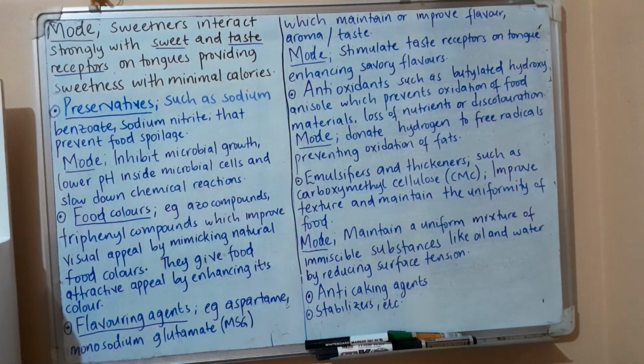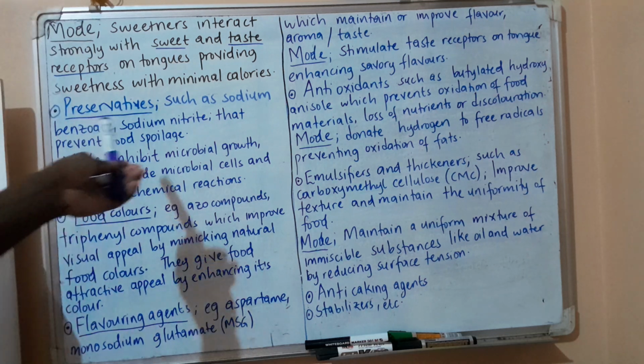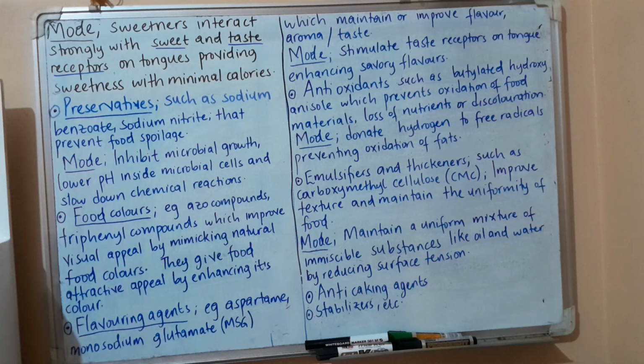Then we also have artificial preservatives. Remember, we had some examples of natural preservatives such as sodium chloride. Here the artificial preservatives include sodium benzoate and sodium nitrite, and it's the same role. They prevent food spoilage. So how do they do this? They inhibit bacterial activities such as bacterial synthesis, bacterial multiplication, and DNA replication, among others.